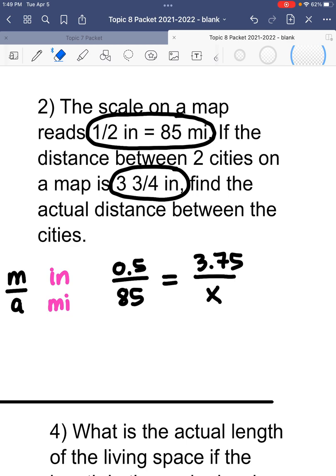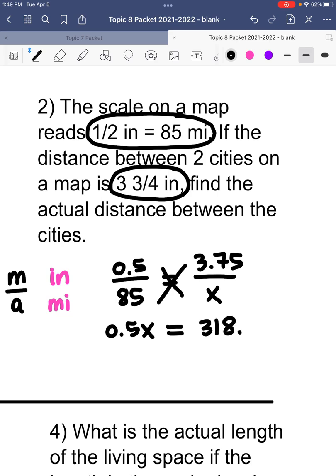Well, the way I solve this proportion is I cross multiply. So I'm first going to multiply 0.5 and x together, which is just 0.5x, and I set that equal to 85 times 3.75. And if you put that into your calculator, you get 318.75. Now, how do I get that x by itself? Well, I divide by 0.5 on both sides.